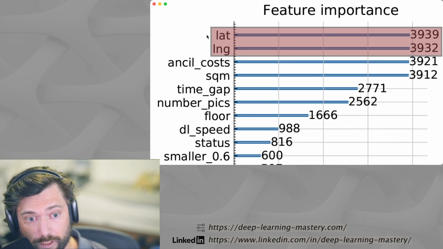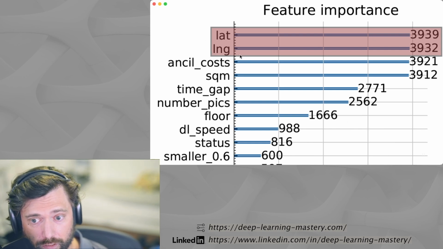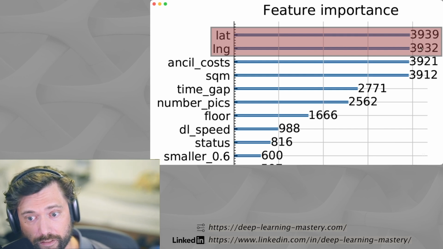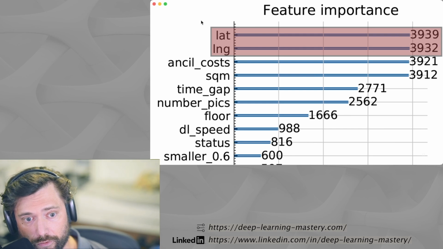But what we can see here is that the latitude and the longitude both had basically the same value. That's kind of interesting, because we looked at the decision tree structure of the finished model, and we tried to analyze how it split based on latitude and longitude values. And we could see that it would split in conjunction.